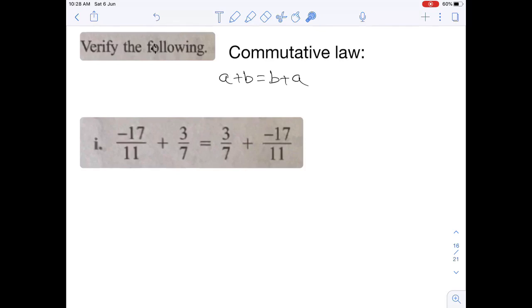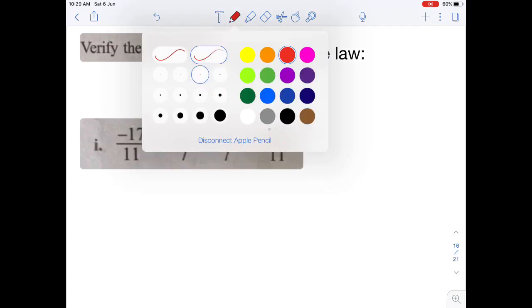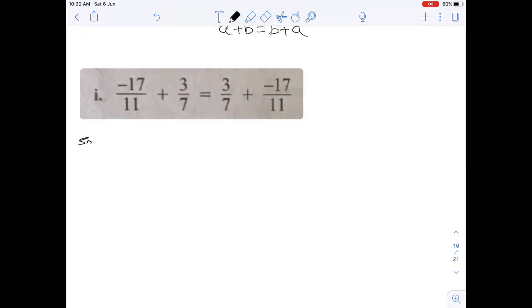Now here it is given to verify the following, which means we have to solve it by proving that this LHS, that is whatever numbers are written on the left hand side of the equal sign, is equal to RHS. So, solution.